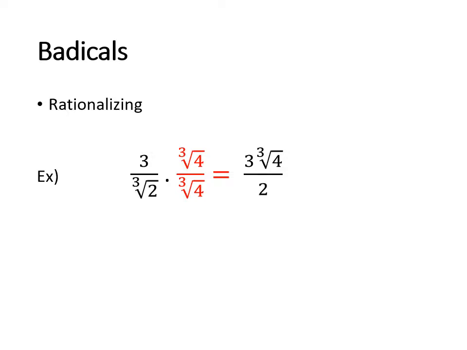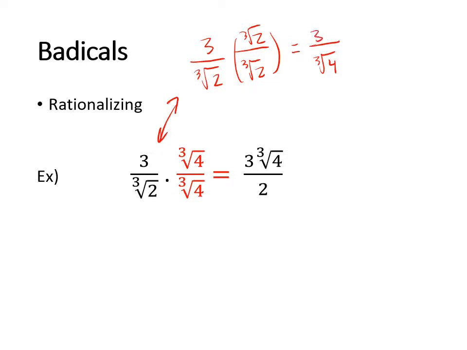So in this example, if we applied the previous thinking, where we did square roots, this is what would happen. We'd have 3 times the cube root of 2, and if we multiply this by the cube root of 2 over the cube root of 2, we're not rationalizing this, because the denominator is going to be the cube root of 4. But that radical is still there, right?